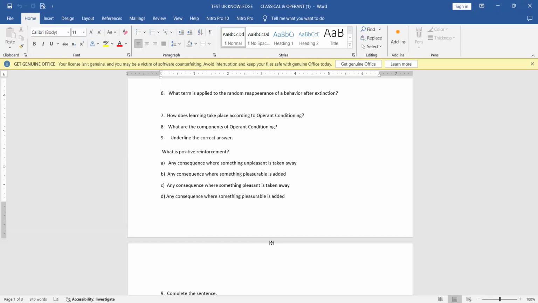Schedules of reinforcement. So the two components are types of rewards and punishments, namely positive reinforcement, negative reinforcement, positive punishment, negative punishment. The other component is schedules of reinforcement, namely continuous reinforcement, partial intermittent reinforcement, variable, fixed.